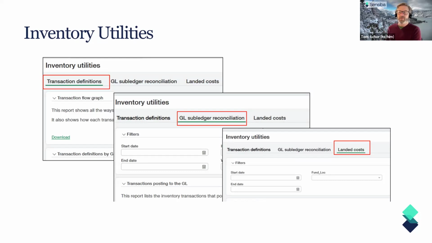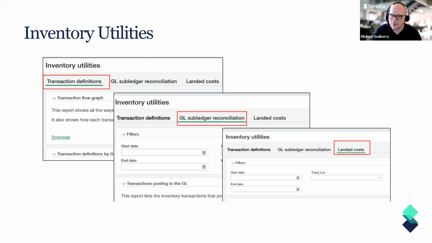Under each of those are several reports, which will really help with getting your inventory reconciled to your GL, making sure that your transaction flows are rational in the way that they're affecting your inventory through the purchasing and order entry processes. And I think this will be hugely valuable for our clients who are using inventory.